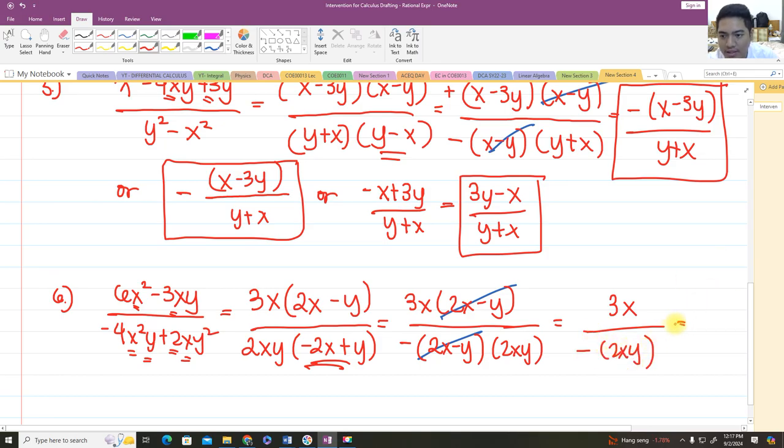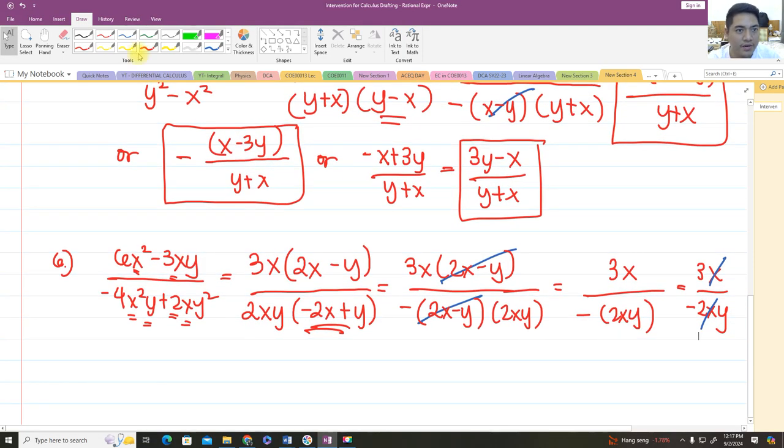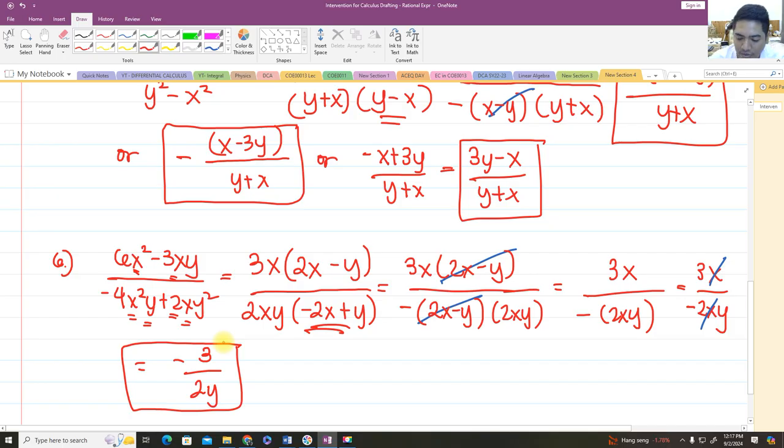Or you can still cancel x, so that your answer will now be negative 3 all over 2y. That will be your final answer in the reduction to lowest term.